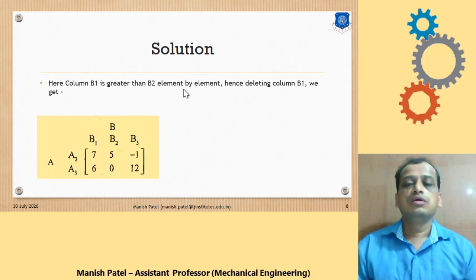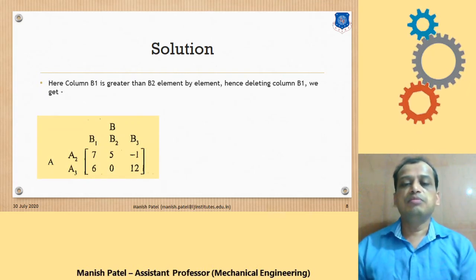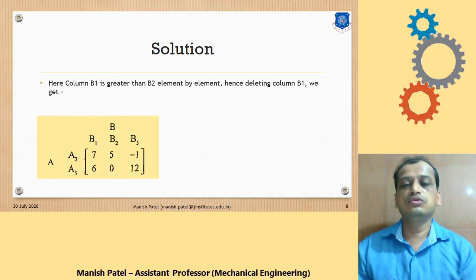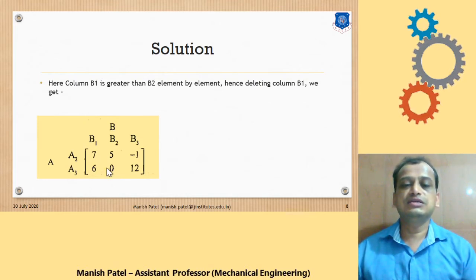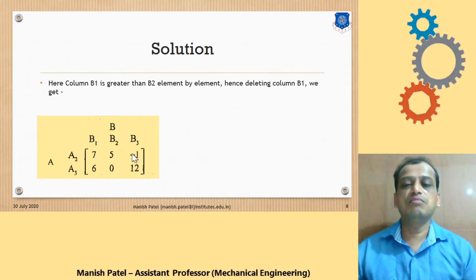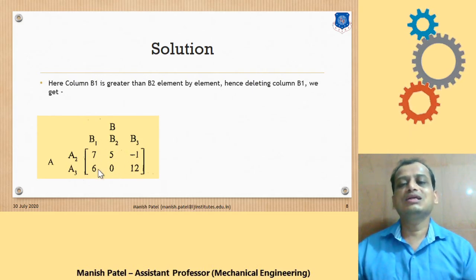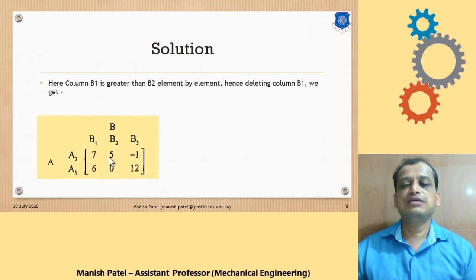Now here, look into the columns B1, B2 and B3. Clear? Let's look into row as well, if you want to look into the row as well. 7 is greater than 6, 5 is greater than 0, but -1 is not greater than 12. So you cannot do row wise operations. But let's look into the column now. 7 is greater than 5, 6 is greater than 0.